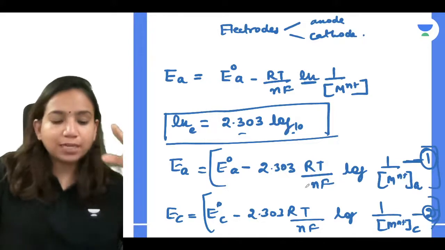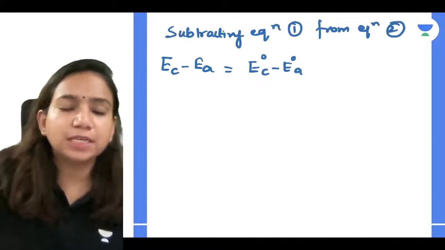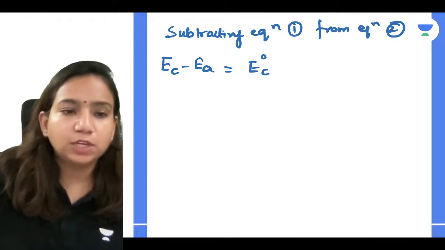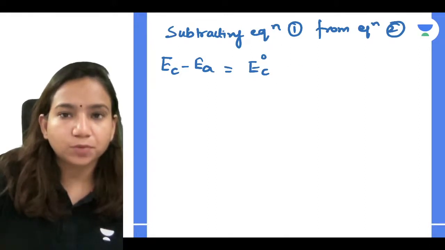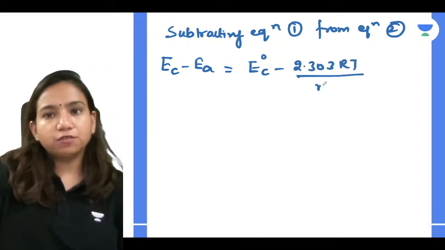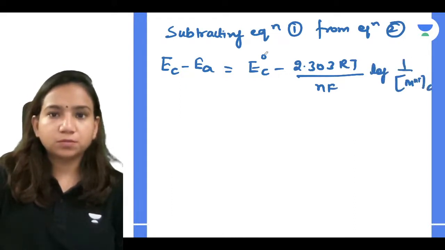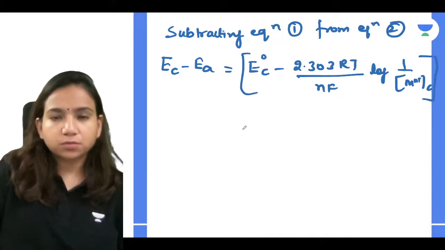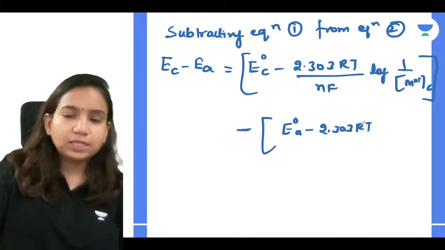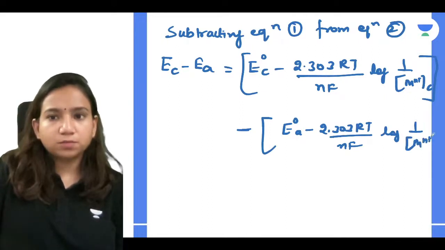This 2.303 RT by nF is common, so I can simplify that. If you want, we can write it completely so that you get better clarity. So E naught cathode minus 2.303 RT by nF log 1 upon M^n+ cathode, minus E naught anode minus 2.303 RT by nF log concentration of anode.